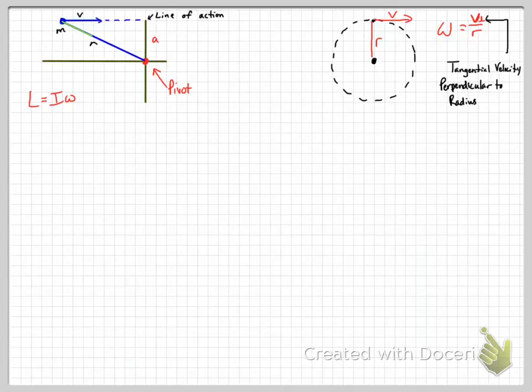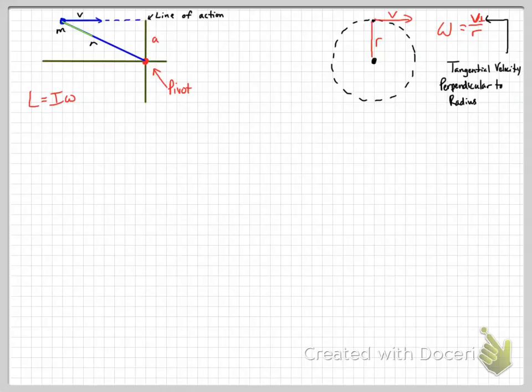That is why we can say that that is the perpendicular velocity. Now if we look at our system over here, I have drawn our radius from our mass heading toward our system at a line of action, and that velocity is not perpendicular to our radius in our system.